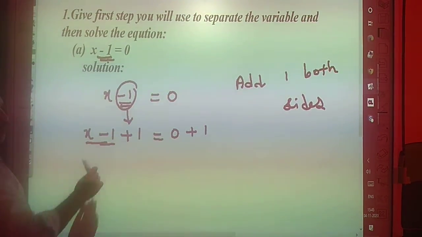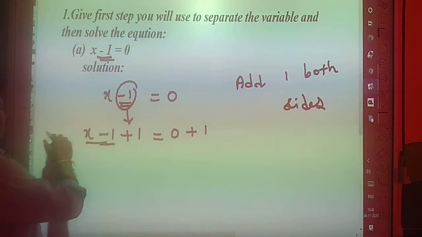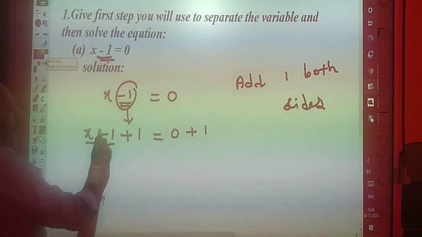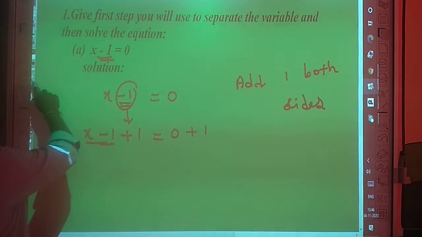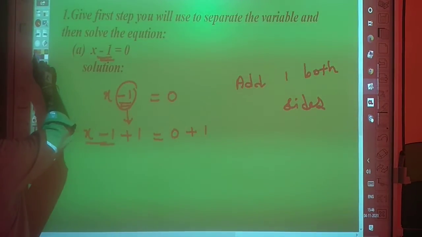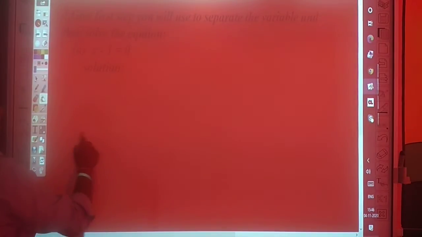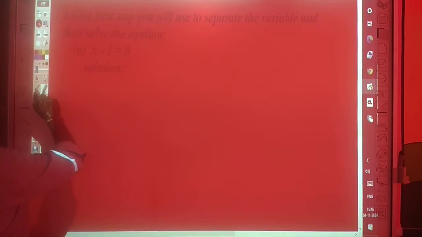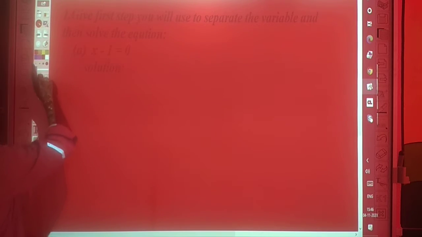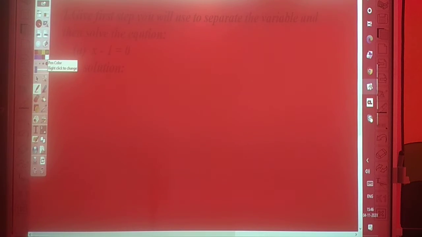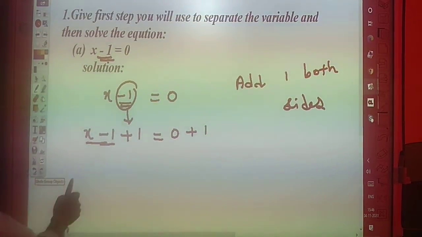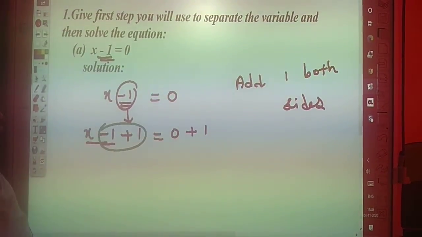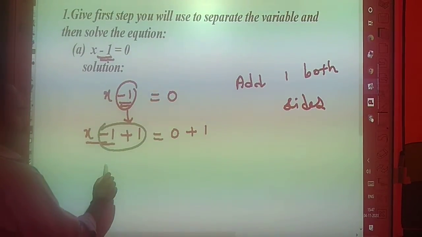X minus 1 plus 1. Listen here. Minus 1 plus 1 is equal to 0.